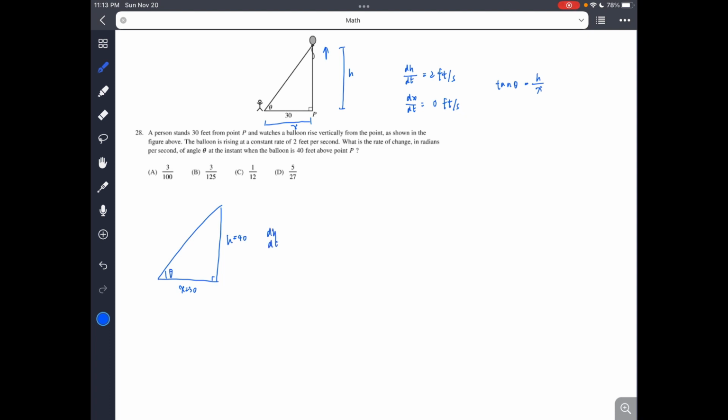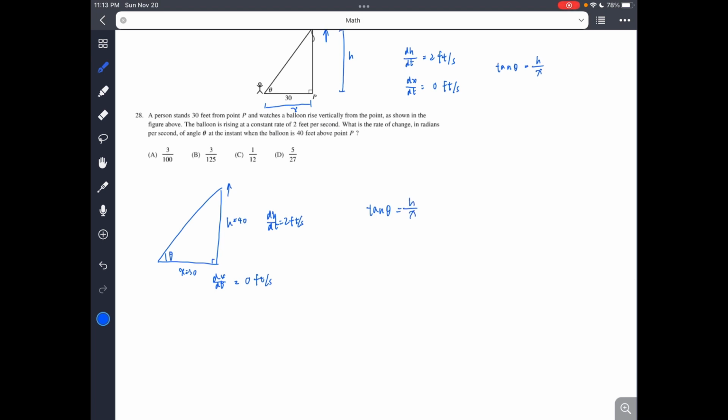dh over dt is still 2 feet per second because the balloon is rising upwards. dx over dt is still 0 feet per second. And tan of theta is now h over x as usual. So there are actually two ways to solve this problem.